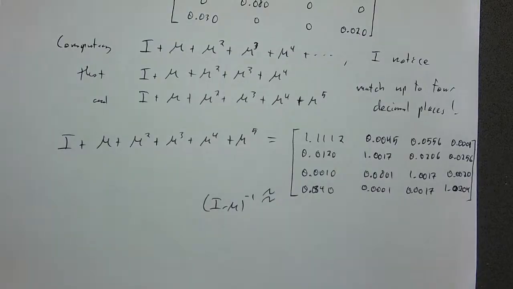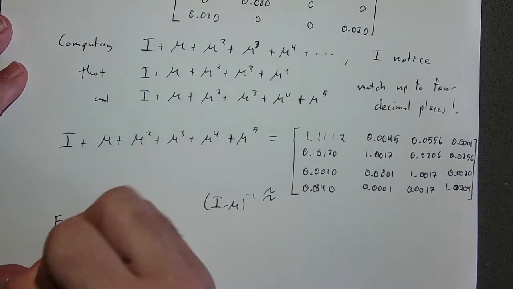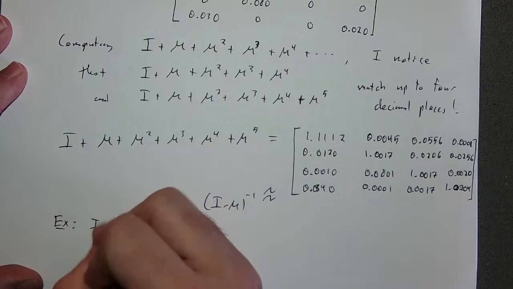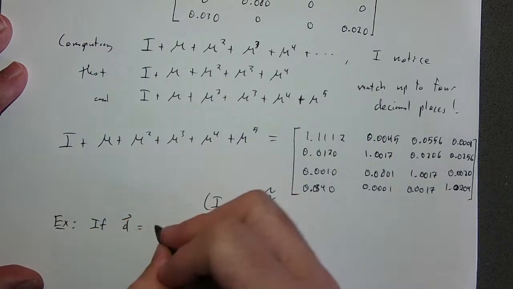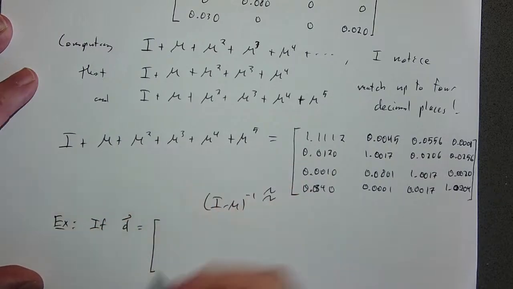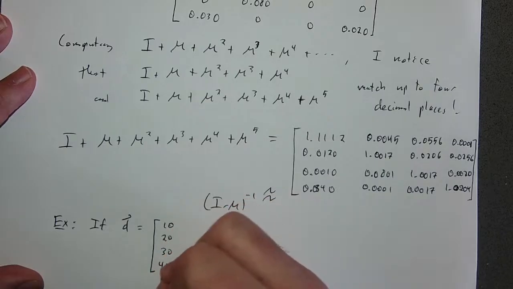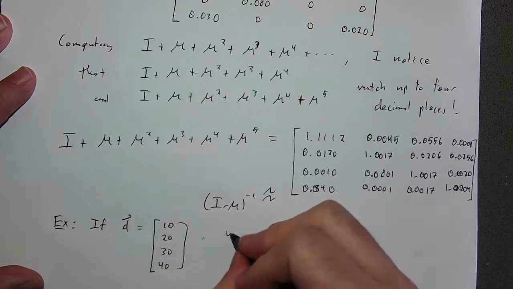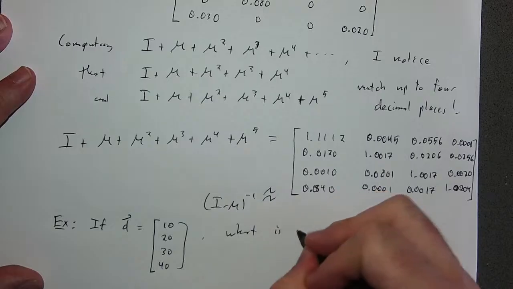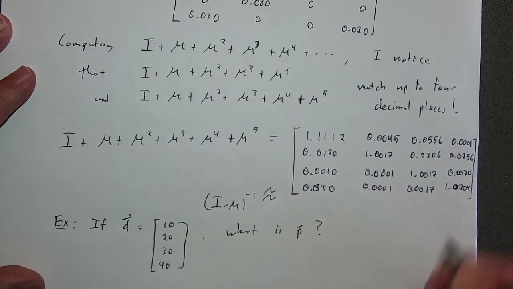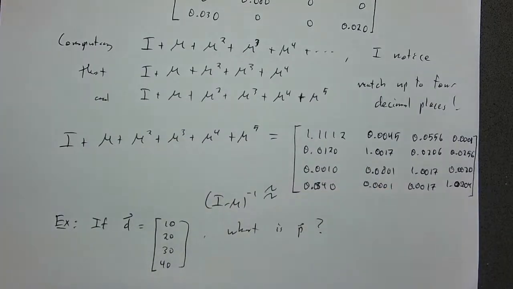Okay, so for example, you can just check if D is, if my external demand vector is this thing, what is the production vector, right, approximately?